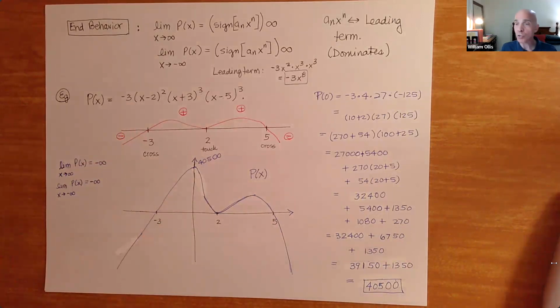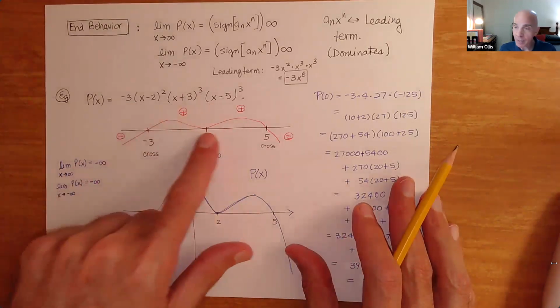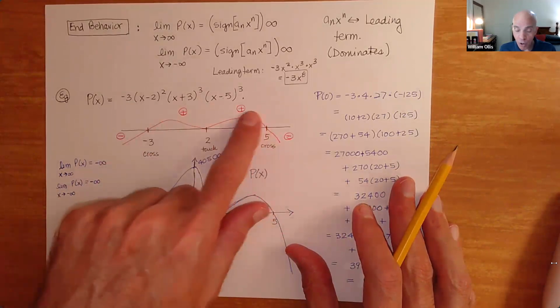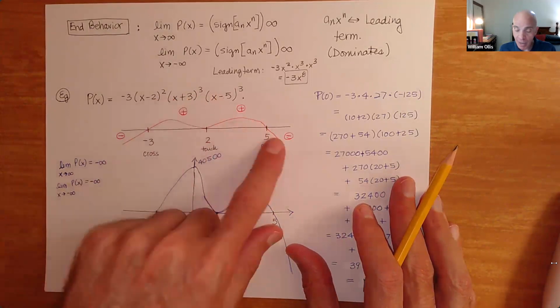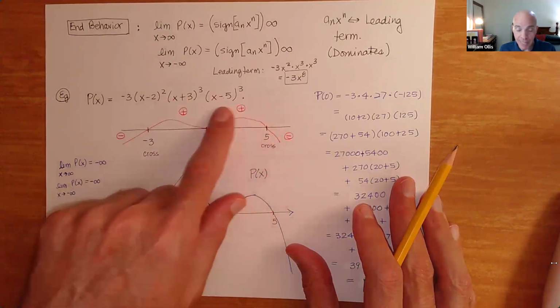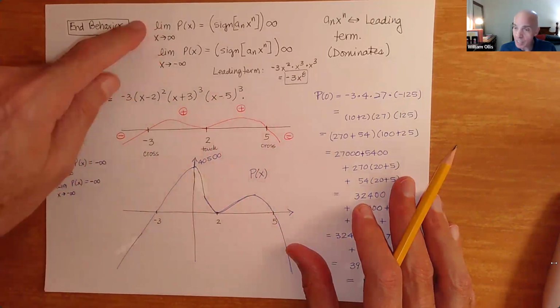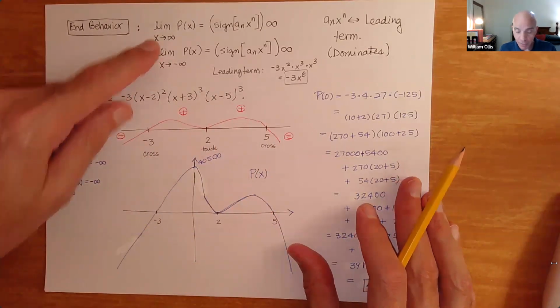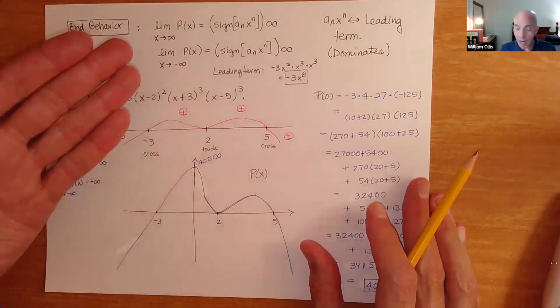You can always use your basic transformations to get a graph, or you can use the factored form to plot the zeros and use cross and touch with the multiplicities. That will again give you a big idea about the end behavior without having to check each one separately. And then, of course, once you have that, then you can sketch a reasonable graph.